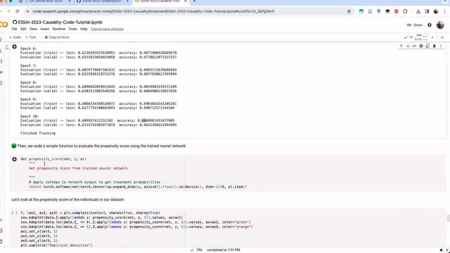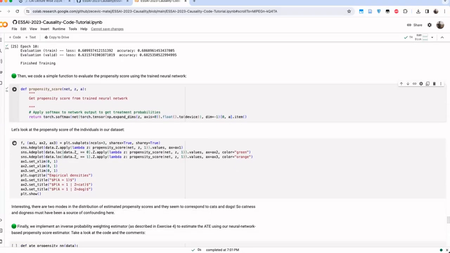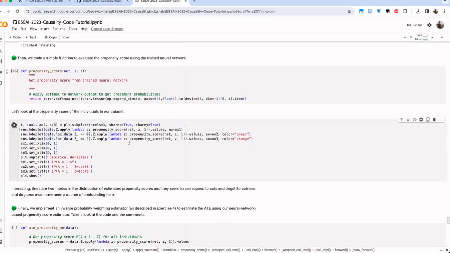Now we just have this function that's going to give us propensity scores. So it's just going to be the softmax of the net outputs for given Z and A. Yeah, so whatever you want to look at there. So let's define this function. And now we're just going to plot this, right? And we are going to use some kernel density estimation plots to get the propensity scores of the individuals in our data set grouped together. So let's see what happens here.